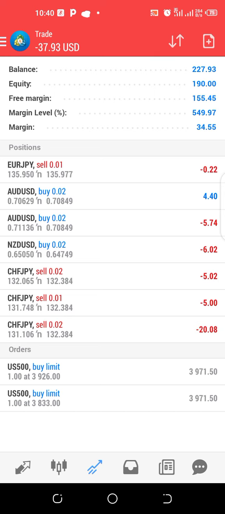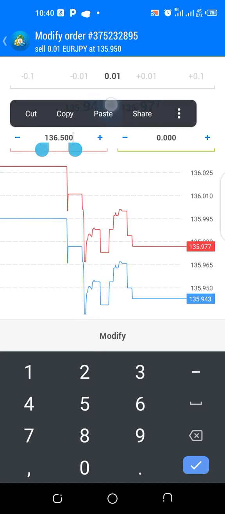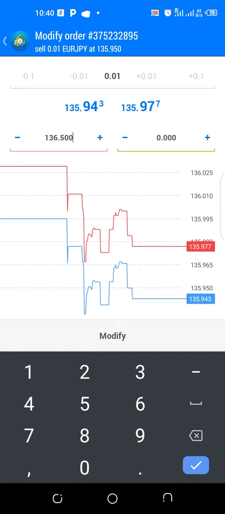So what you have to do is right click on your trade, then click on this pencil-like sign there, then modify. You can see this column that is colored red is your stop loss, and the one that is colored green is your take profit. Just long press on it, then paste. That's it.